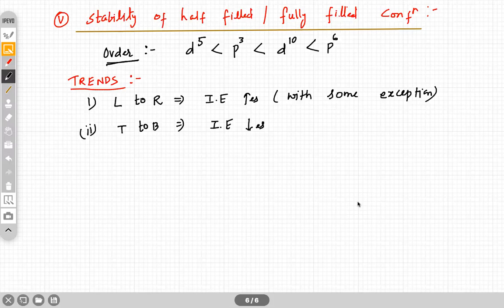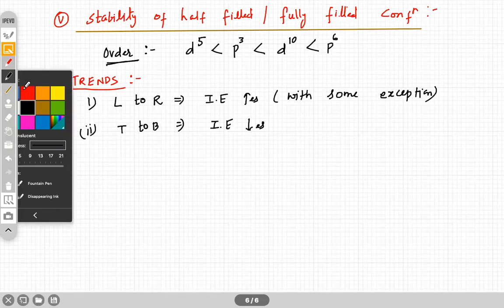The exceptions are, suppose if you talk about lithium and beryllium, right? So which one has more ionization energy, lithium and beryllium? Should be beryllium, right? So if I'm talking about period 1, you see this.